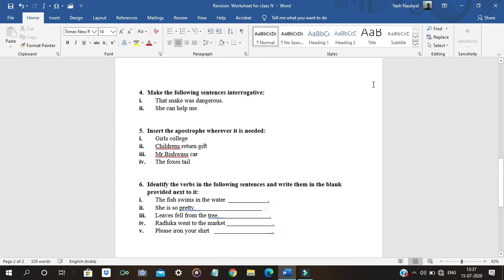Insert the apostrophes wherever they are needed. So what is an apostrophe? An apostrophe with s is used to show possession or ownership. When we want to show that something belongs to somebody or something, we usually add 's to a singular noun or add an apostrophe to a plural noun. Example: the pen of my uncle is in his pocket.